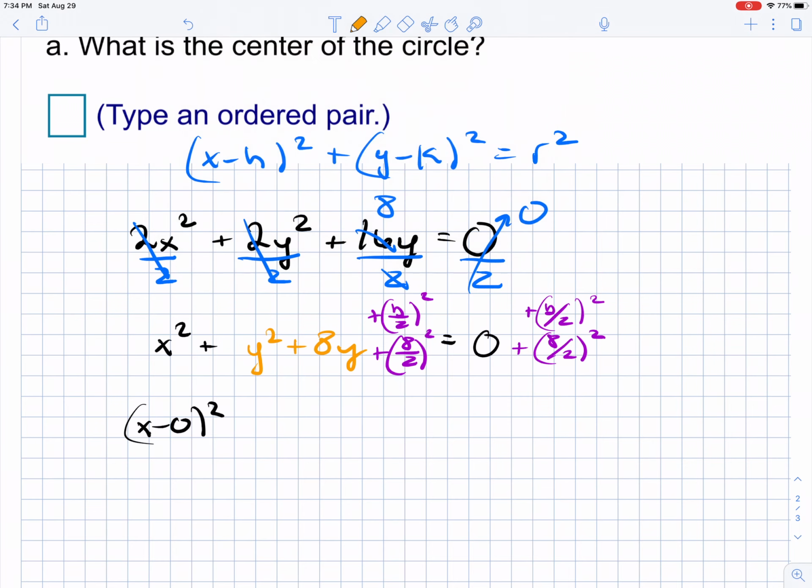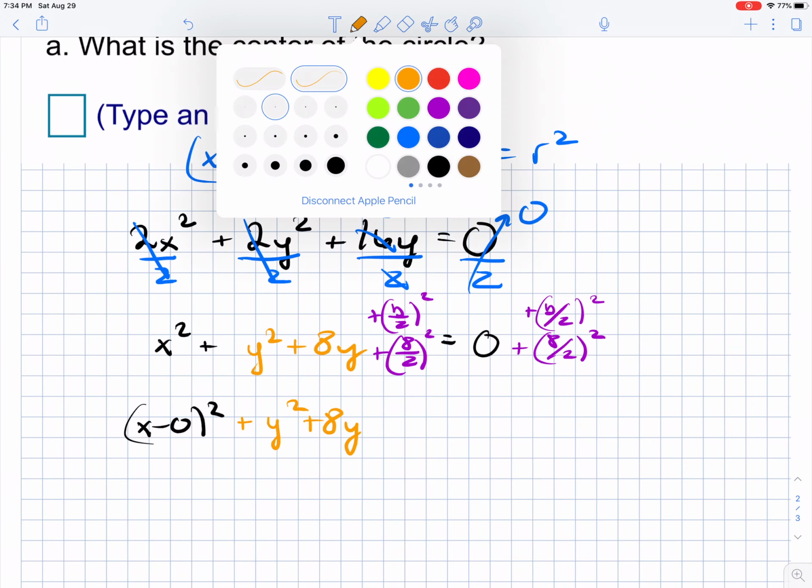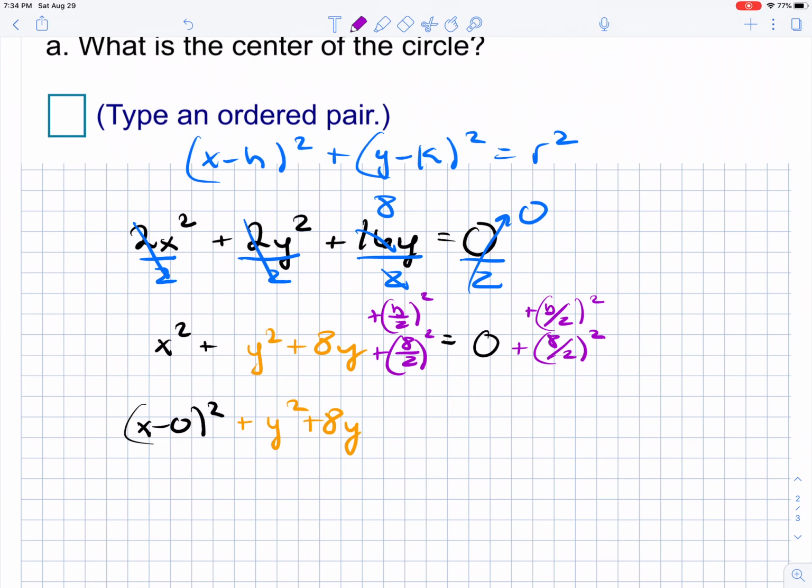So this y squared comes down, this 8y comes down, and really, when we did completing the square, we added 16 to both sides. So we get a 16 over here.